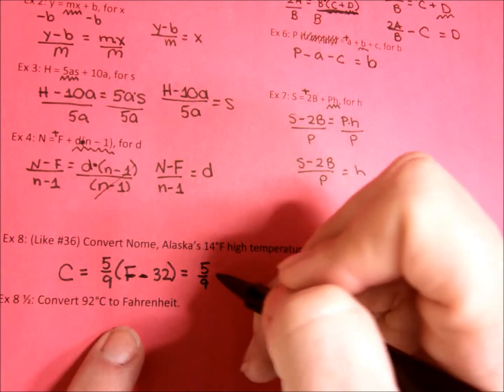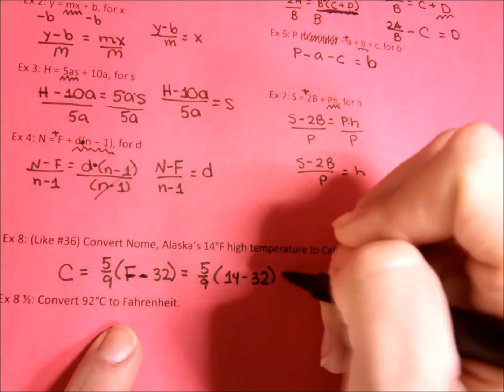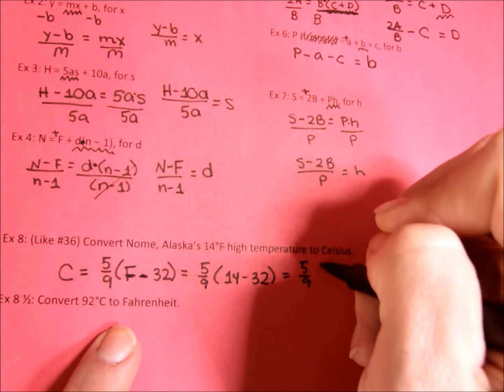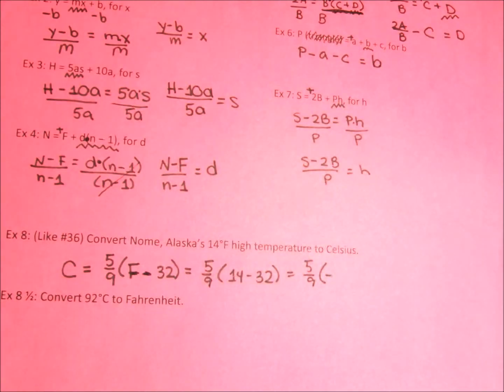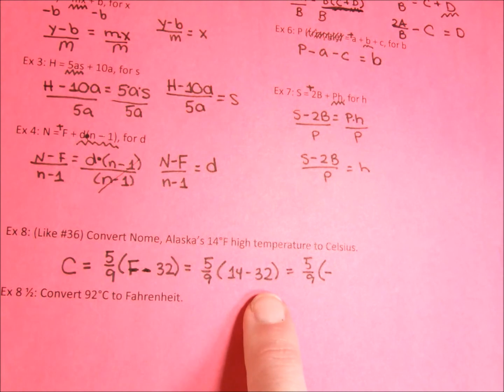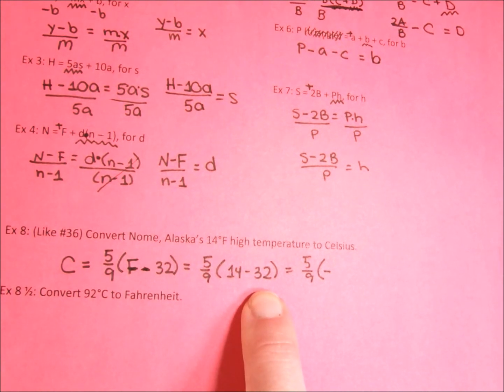All right, let's plug it in. 5/9 times 14 minus 32. 5/9 times negative. Break it down, subtract 10 first. Where are we now? Subtract 10 first, we're at 22. Subtract 4 more, and we are at 18.